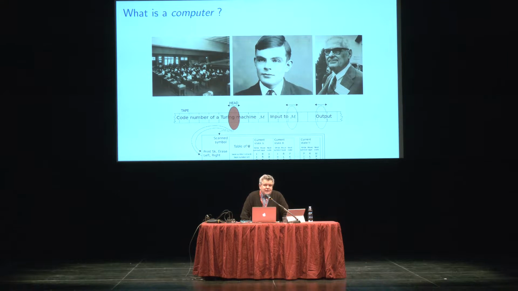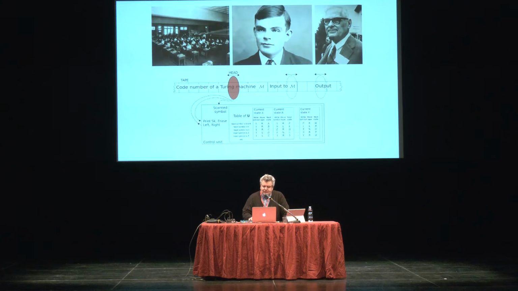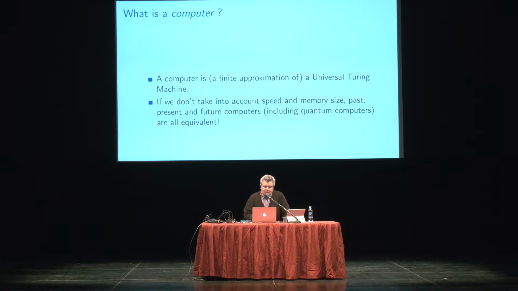There is nothing that we could not compute, if you put aside the speed, size and memory size of the computer. All computers are equivalent, even quantum computers, so to speak. Obviously, the memory size and the speed are extremely important. But from this point of view, all the computers are equivalent.